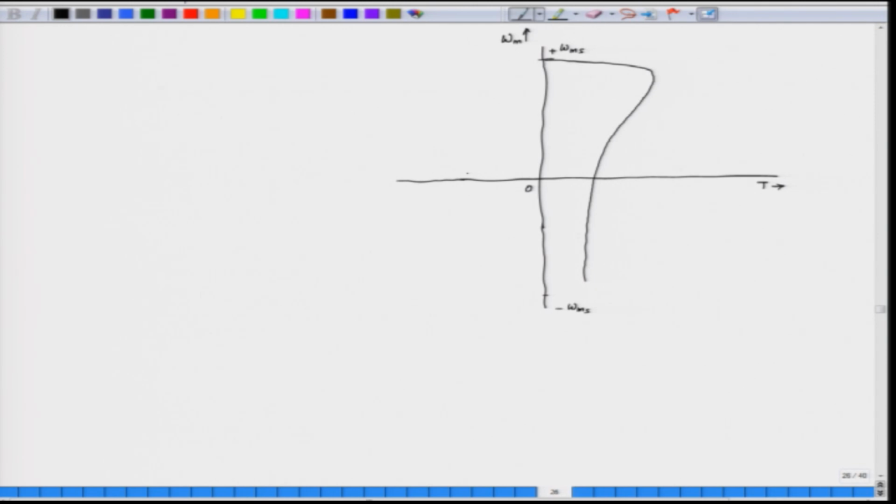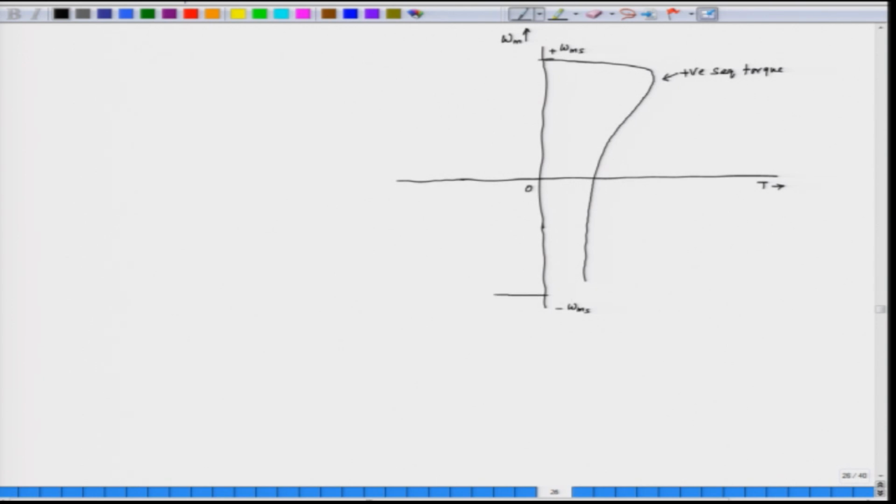This is the x axis. So, the negative sequence torque will be quite similar to the positive sequence torque. This torque is the positive sequence torque. What about the negative sequence torque?